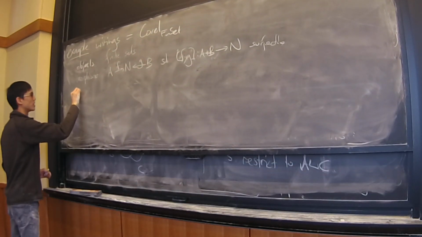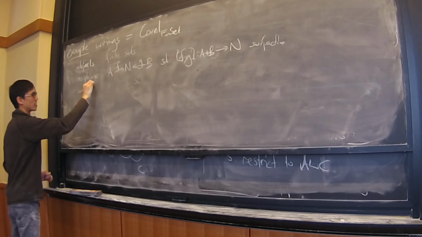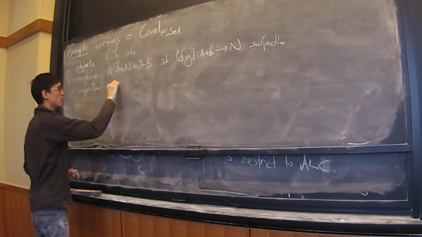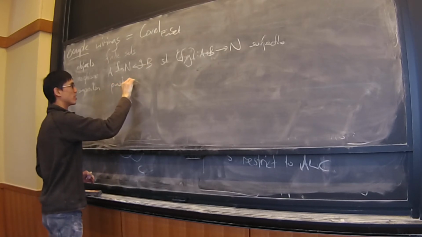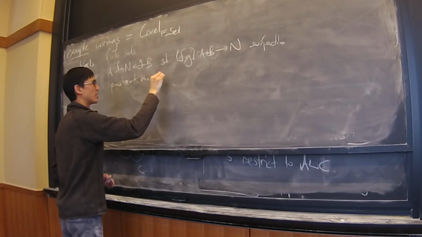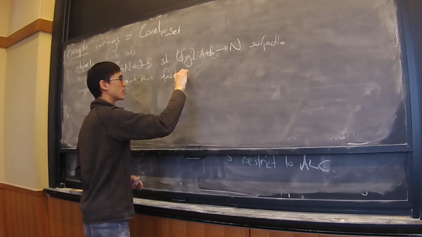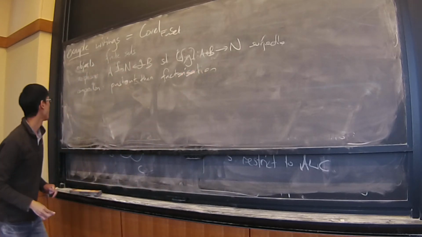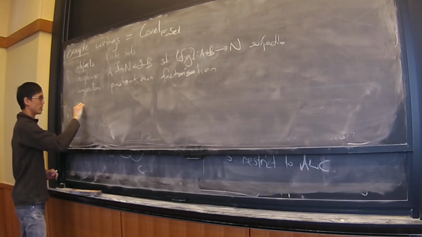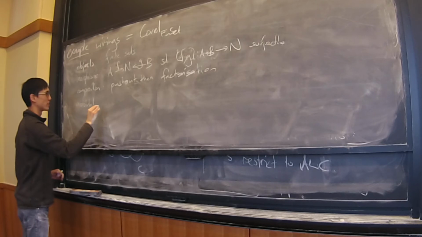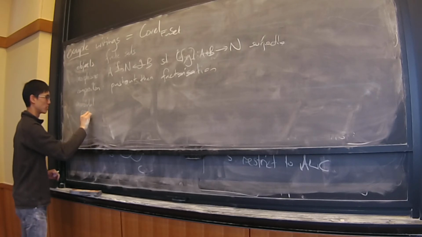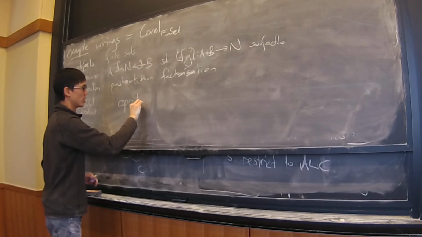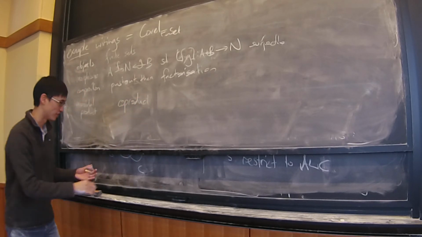Okay, so composition, in these correlation categories, is given by pushout, then factorization, and then the monoidal product is given by coproduct. So what does that mean? We saw coproduct was the disjoint union.